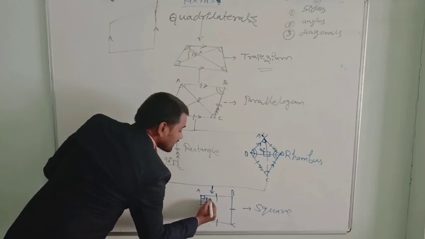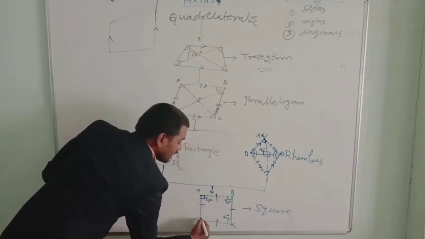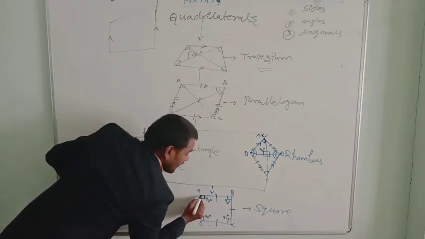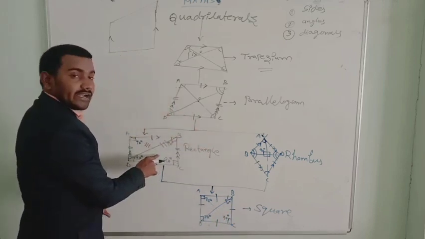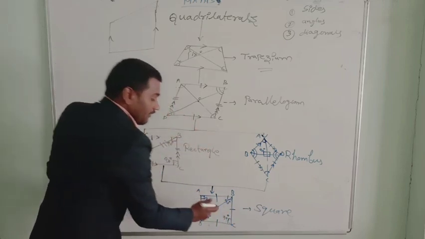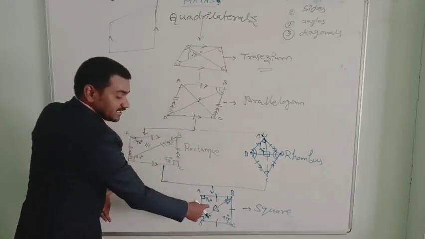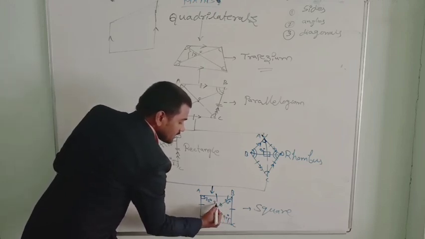All angles are equal, like a rectangle. All angles are 90 degrees, or right angles, like a rectangle. Diagonals are equal like a rectangle, and perpendicular bisectors like a rhombus.